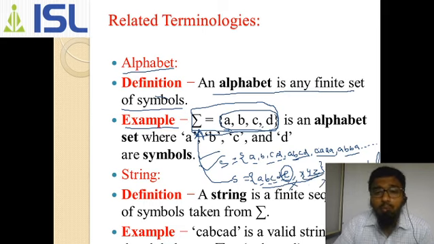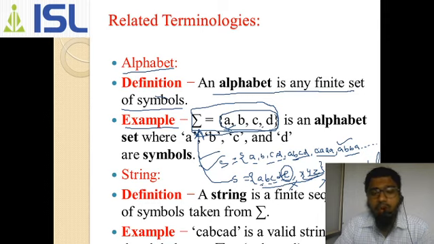A string is a combination of symbols available in sigma. So this is a valid string. Why? Because A, B, C, D are all available here. A is available. ABBA, A and B both are available. Like this, you can check a valid string.